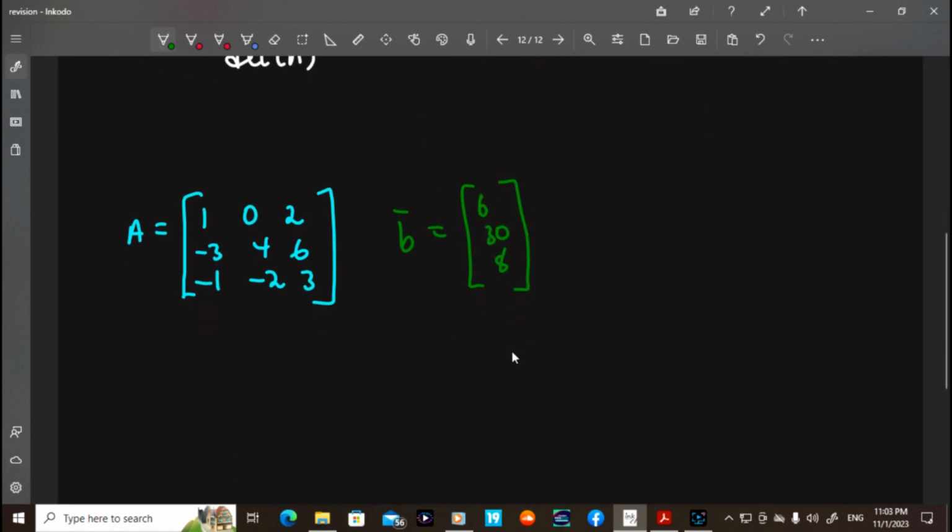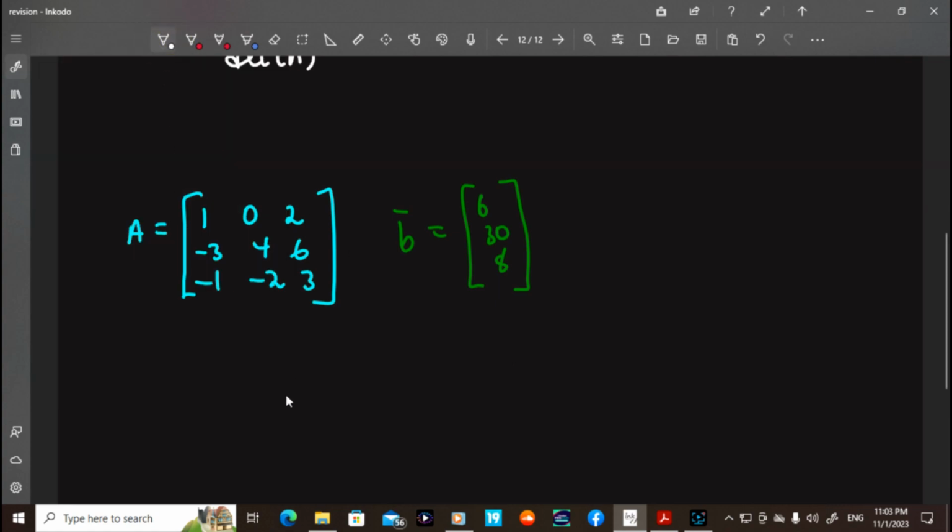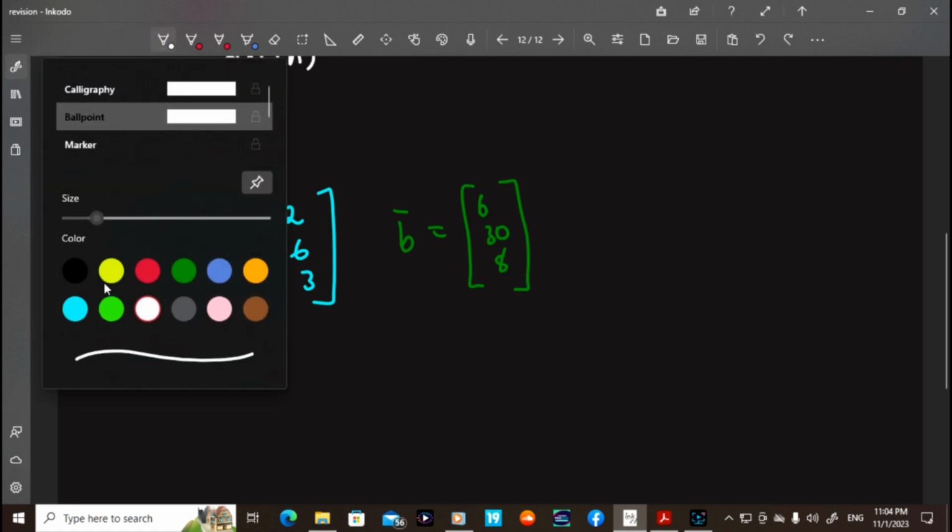Alright, so now here's what we're going to do. Now we are going to find A1, A2 and A3. When we say A1, we will take the entries of B and replace column 1 of matrix A. Because we have replaced column 1, we will call that resulting matrix A1.